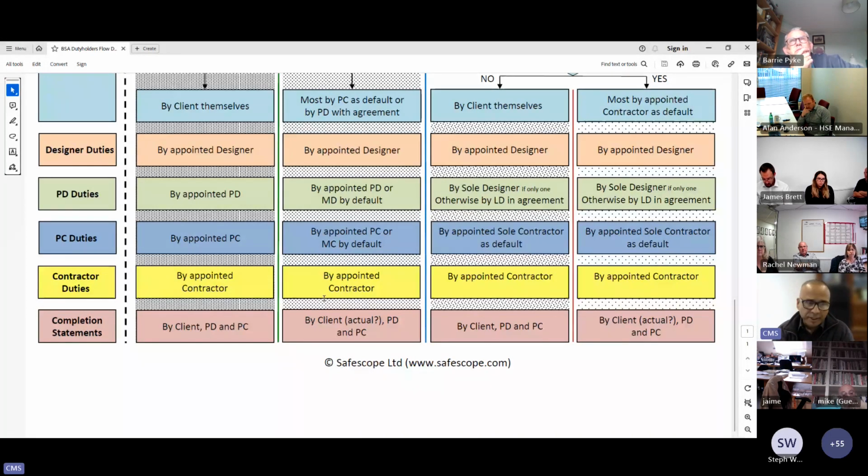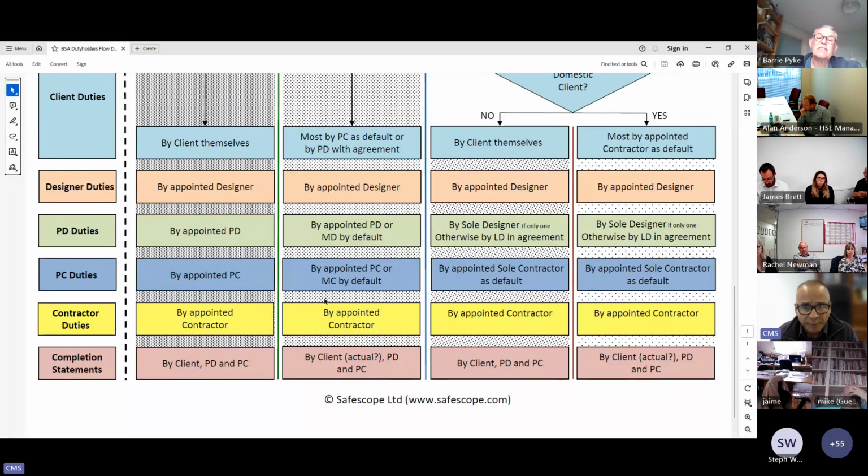I haven't seen anything to exempt that client, so they will end up writing a statement unless something else comes out or any guidance from HSE, etc., to tell us otherwise. At the moment, the situation is that the client will have to give a statement, and we're talking about domestic client, and the PD and PC will have to give that relevant statement, and that's the domestic client, more than one contractor.